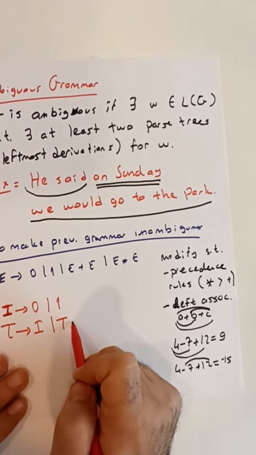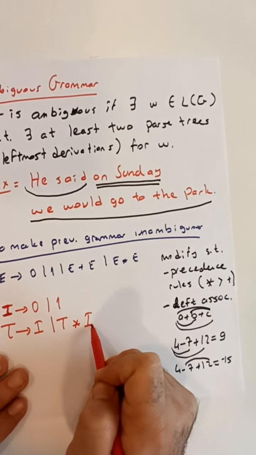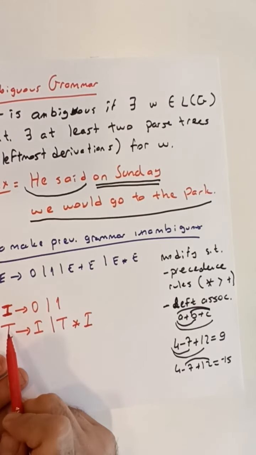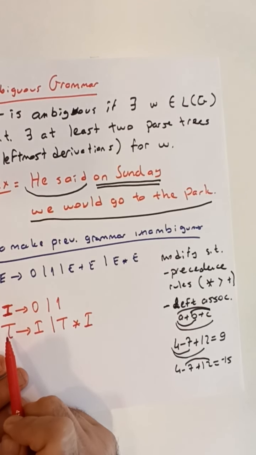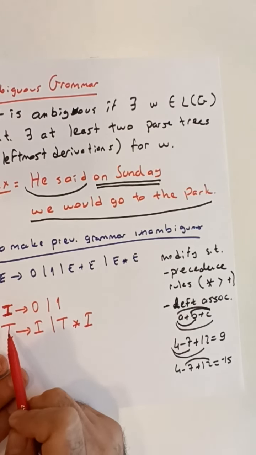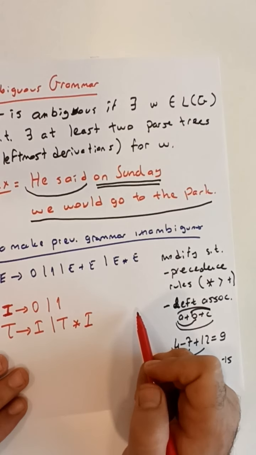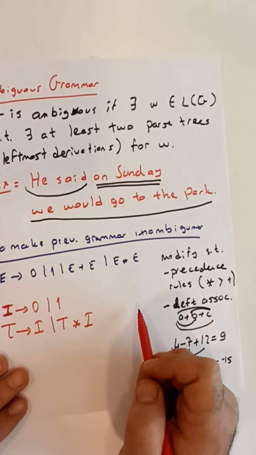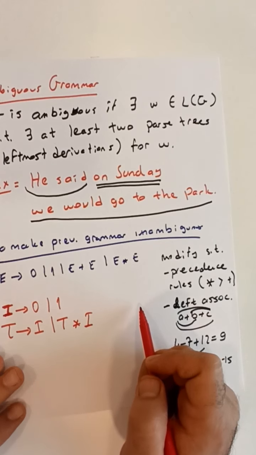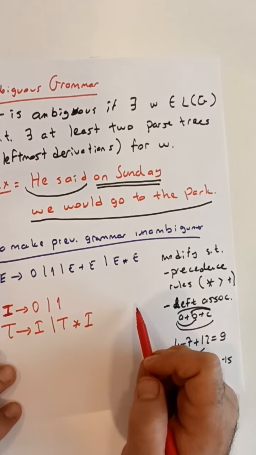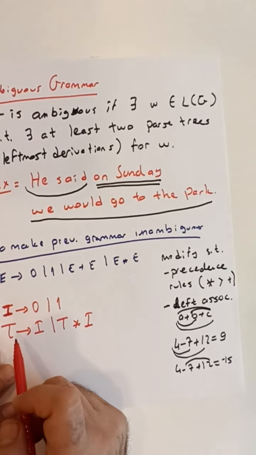It can be a term multiplied with a number. So basically, a term t will correspond to an expression that only consists of multiplication operations, for instance 0 times 1 times 1 times 0 and so on.